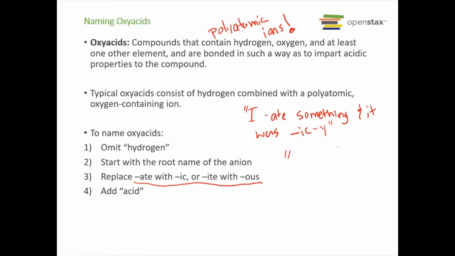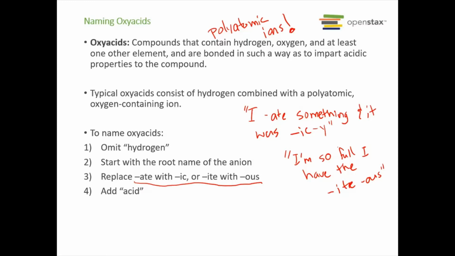And I'm so full, I have the itis. Something we used to say when I was in high school: oh, I've got the itis, when I was full. I don't know if the youth say that nowadays. But itis, ite to ous. I ate something, it was icky. Ate to ic. And then you add acid to the end.